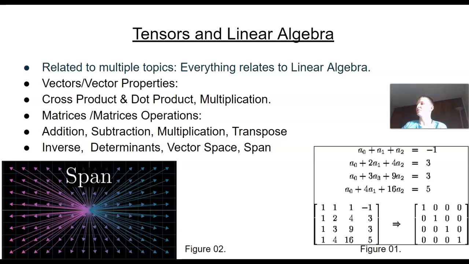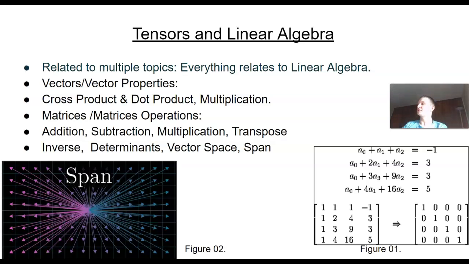Tensors relate to everything that was mentioned in linear algebra this semester. Vector spaces, span, matrix multiplication, cross product, and the dot product are some of the operations used with tensors. Determinants are used in some cases, and the identity matrix sometimes is utilized.